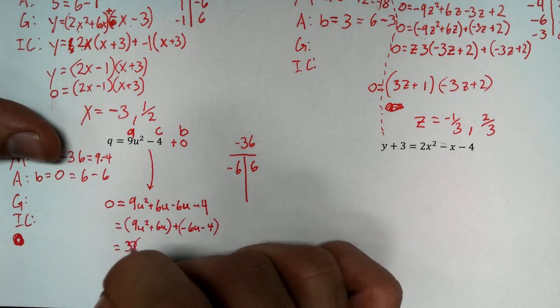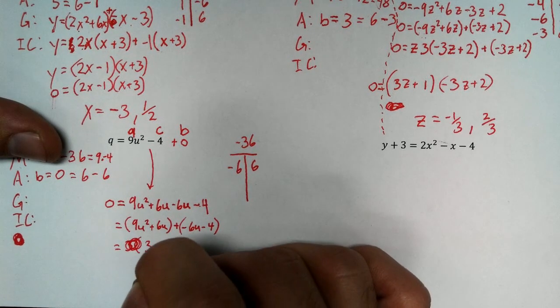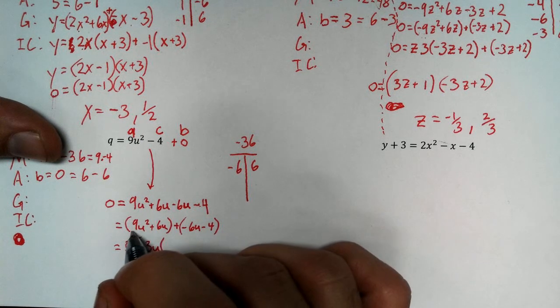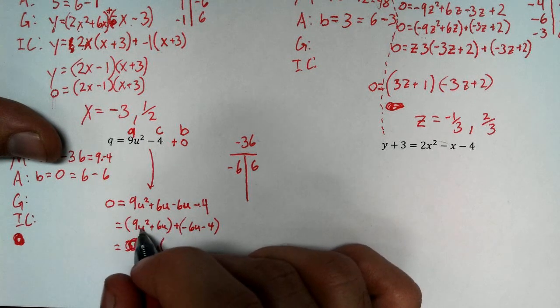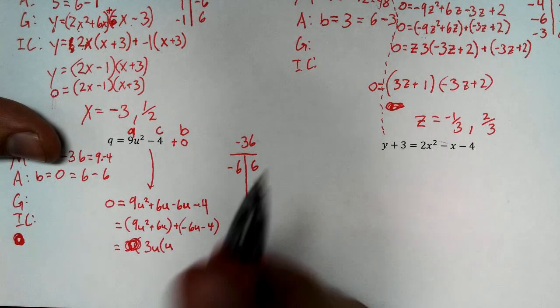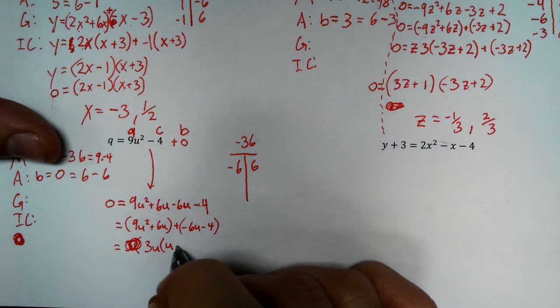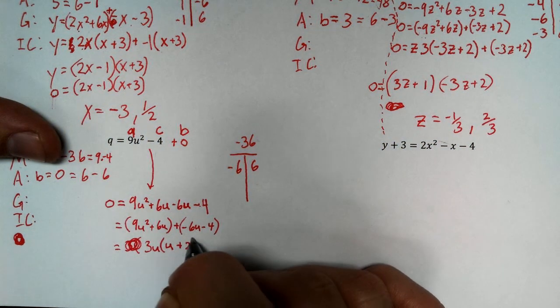And let me also pull out a u, that's my bad. So we pull out a 3u, because those are both factors in here. 3 can divide 9 and 6, and u can divide u squared and u. So we have u, times u, plus 2.